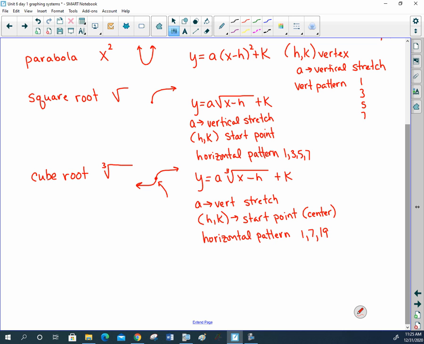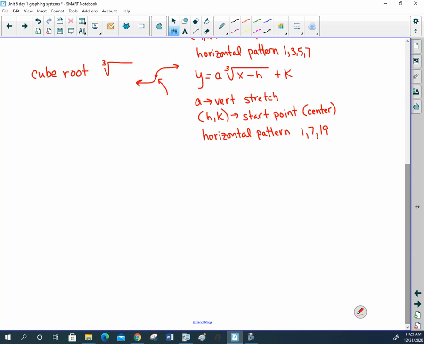Okay, so we had absolute value, parabola, square root, cubed root, and the circle, I think, was the last one we learned. Besides line, which was something we already knew. So the circle: how you know it's a circle is you have an x squared and a y squared.